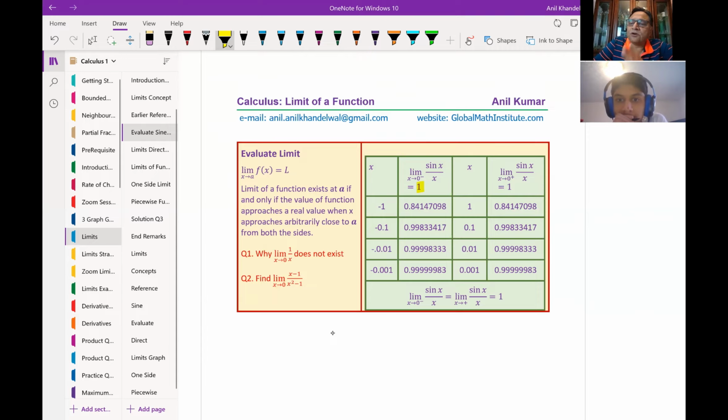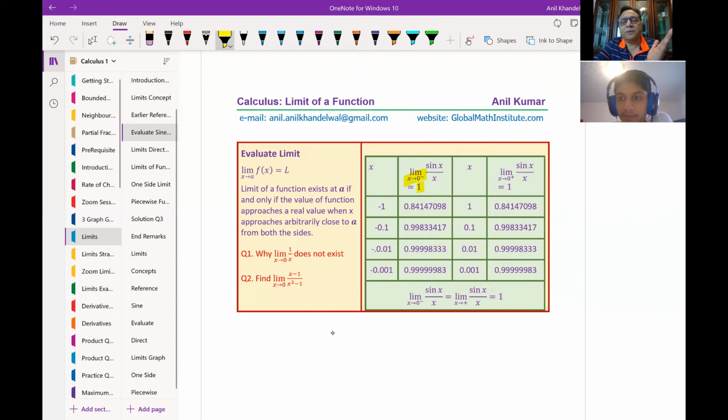Now you know that the concept is we are approaching this value 0 from both the sides. So when I write limit x approaches 0 minus, the minus on the top means I'm approaching from the left side. Left side really means you can be very, very close to 0.